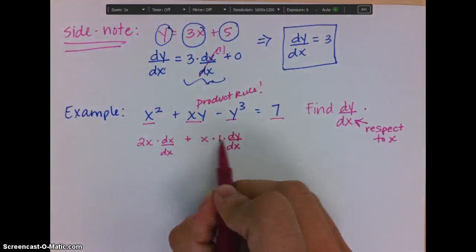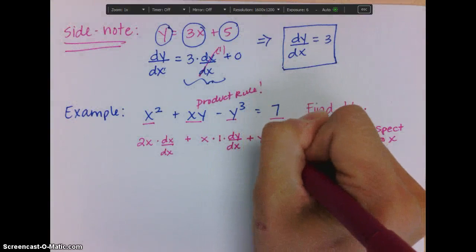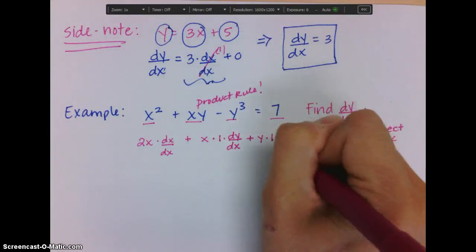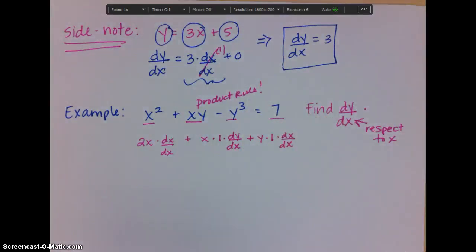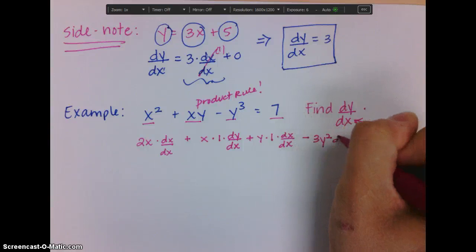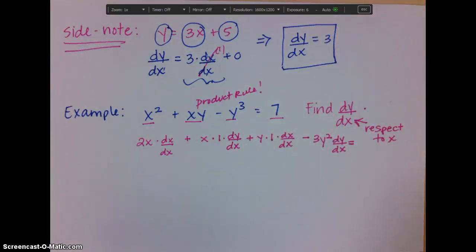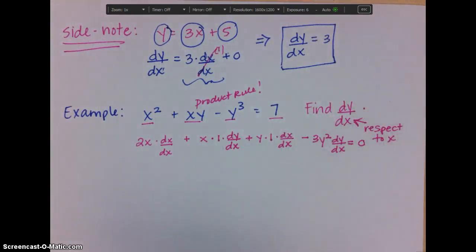Alright, so the first times the derivative of the second, plus the second times the derivative of the first, and again I'm going to use the notation showing which variable I took the derivative of and with respect to what other variable. Keep on going, take the derivative here, that'll be 3y squared dy dx, and I ran out of room, but on the other side I just get 0. Derivative of a constant 7 is 0.